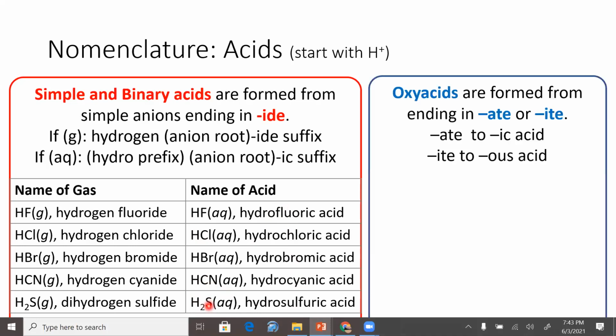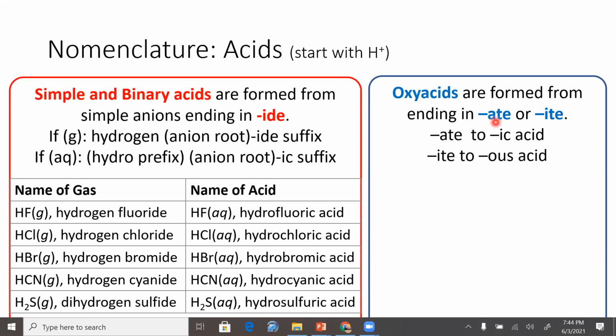Now, if the acid is what we call an oxyacid, that means it's an acid that contains oxygen. It would have a polyatomic ion in it as its negative ion. And what we would have to know is what's the polyatomic ion and what's the ending on that ion.